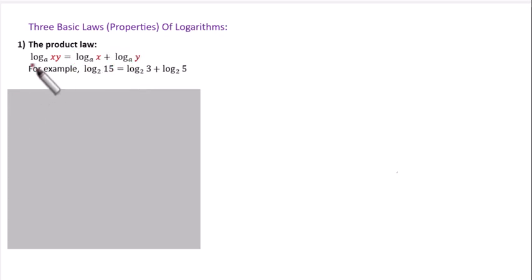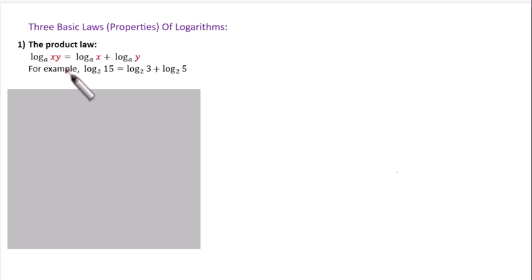It means if I have log to base a of xy, so xy is a product of two factors, this single logarithm can be written as a sum of two logarithms. But here, guys, I must have the same base. It means log to base a. So when I expand it, I must have the same base.